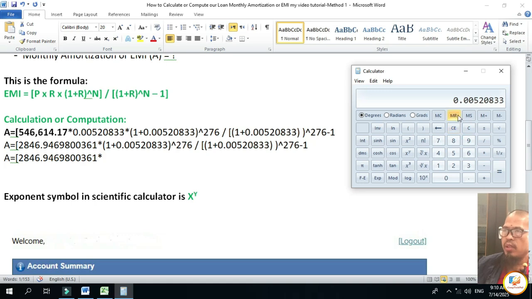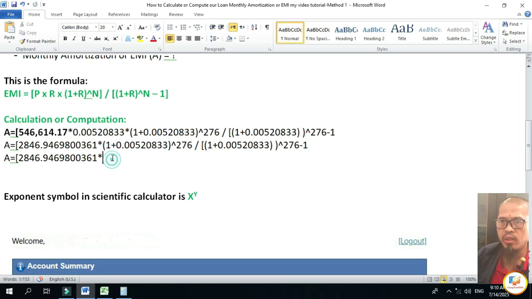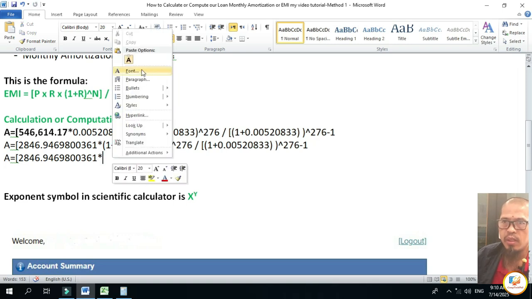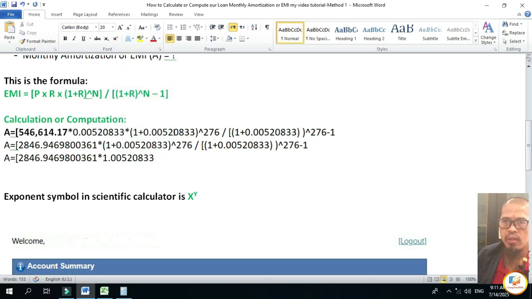Okay, plus 1 equal to 1.00520833. And so we put it here, paste here.